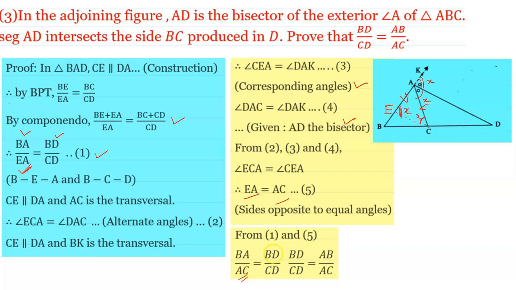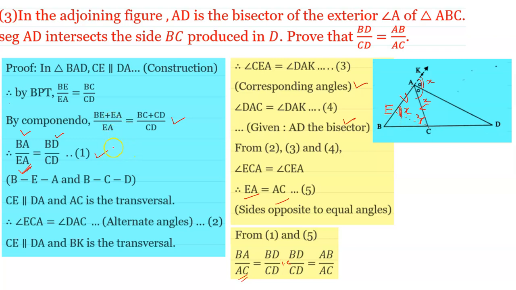Next, BD upon CD, I will write here, that is nothing but BD upon CD is equal to BA, which is nothing but AB, so AB upon AC, and hence BD upon CD is equal to AB upon AC, and hence it is proved. First we do the construction, and using the construction we prove that these two ratios are equal.